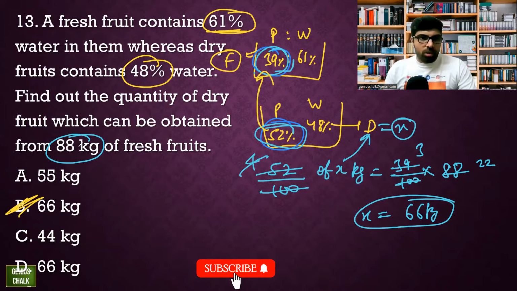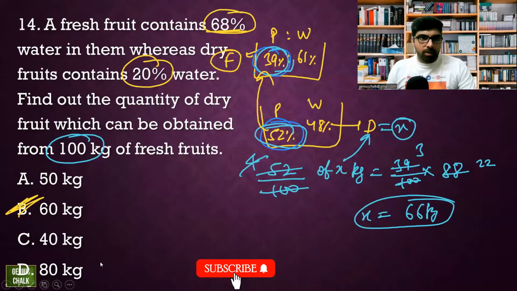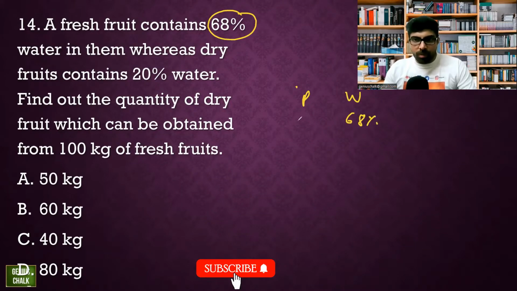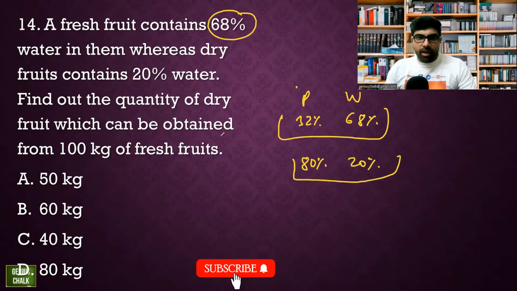Let's do one more similar type. Here fresh fruit contains 68% water, so if there is 68% water, pulp has to be 32%, and the dry fruits have 20% water, that means 80% pulp, and as a rule we know that the pulp has to be the same.